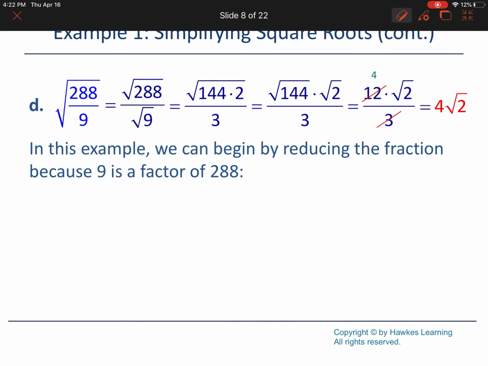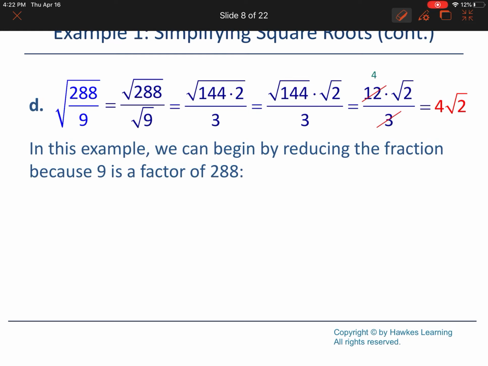Now, this is one where we have this fraction, 288 over 9, and you probably don't know it off the top of your head, but it might be worth a minute to just double check, okay?